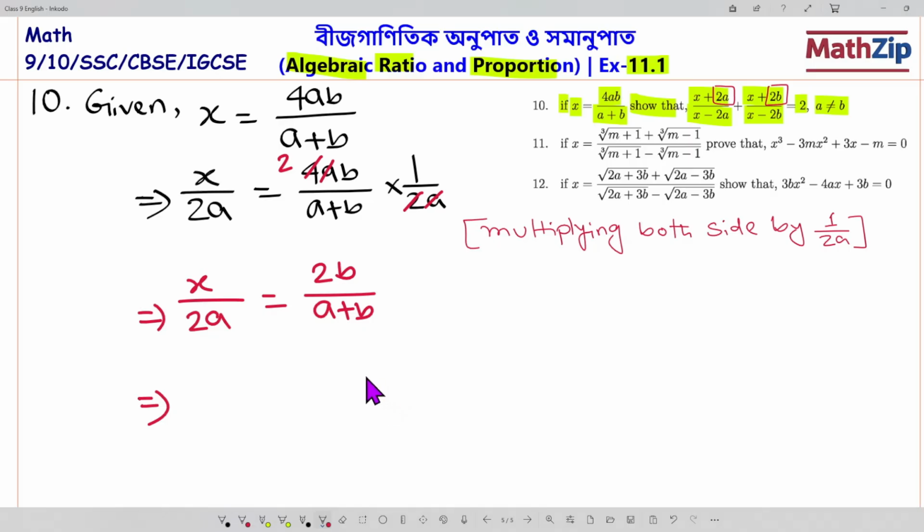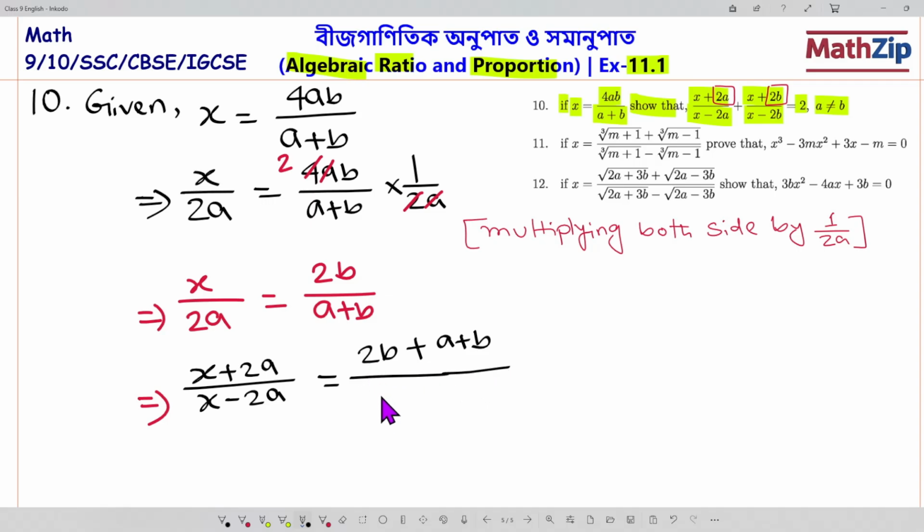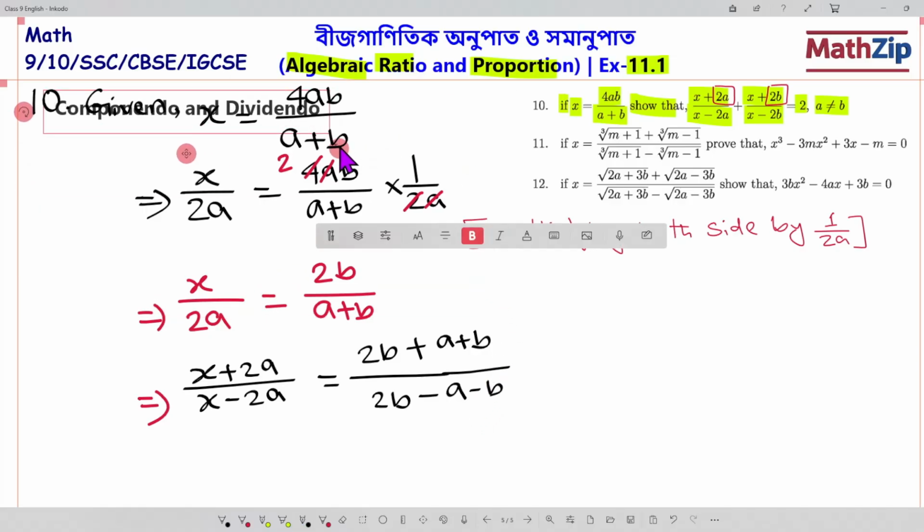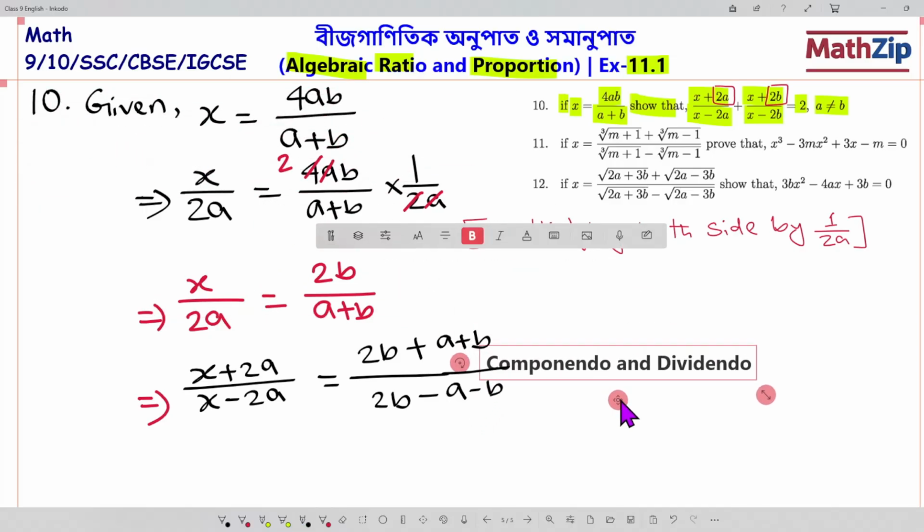Now we will make componendo and dividendo. How? x plus 2a divided by x minus 2a equals, similarly, here is 2b plus a plus b divided by 2b minus a minus b. So we are calling this one componendo and dividendo, right?